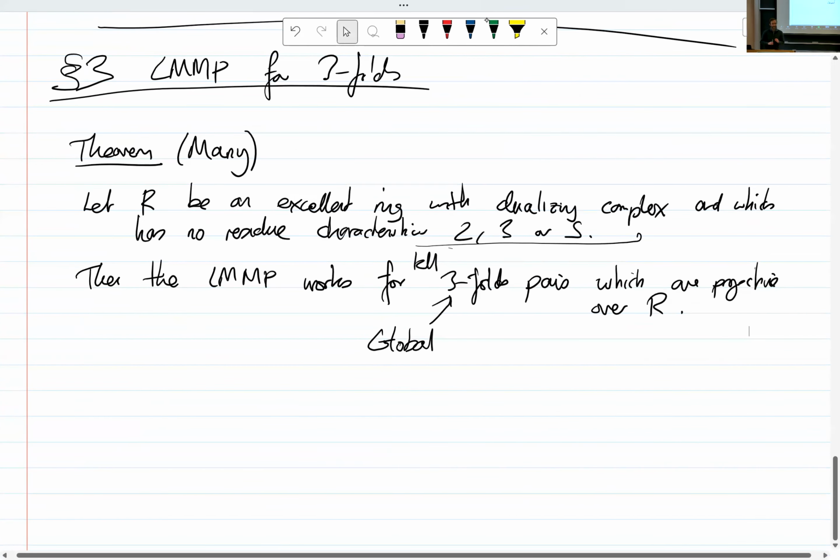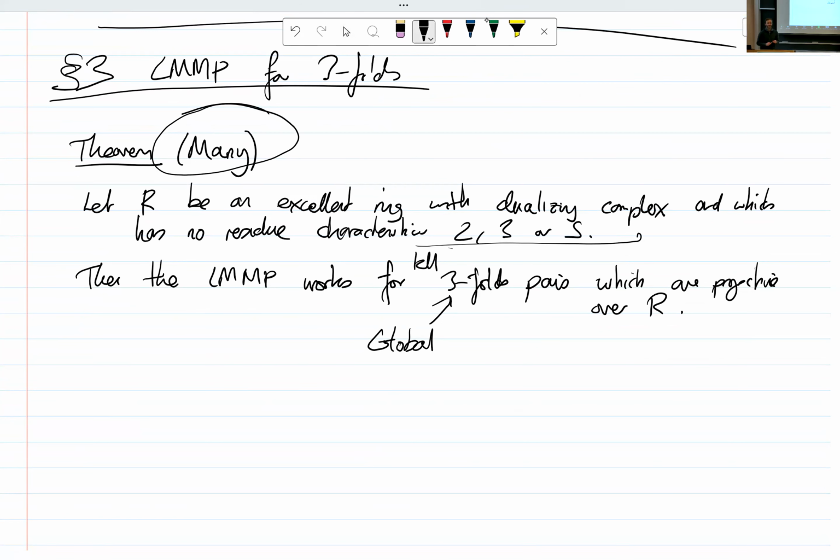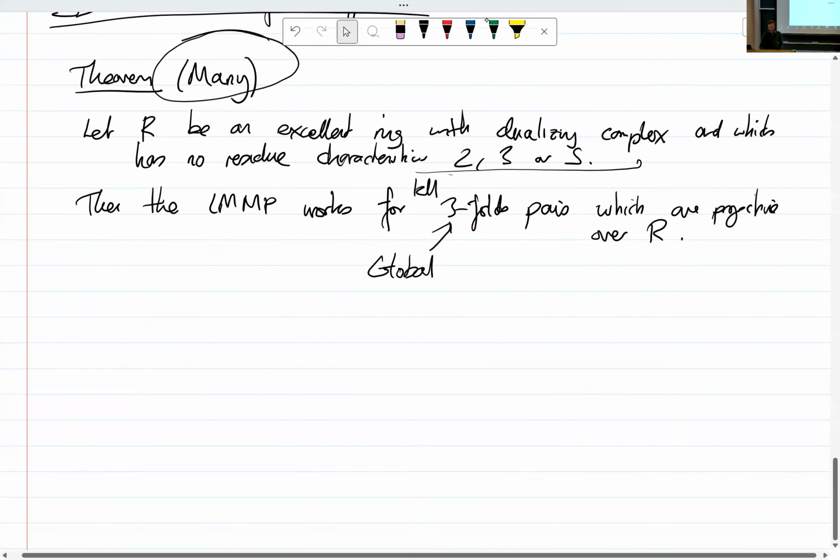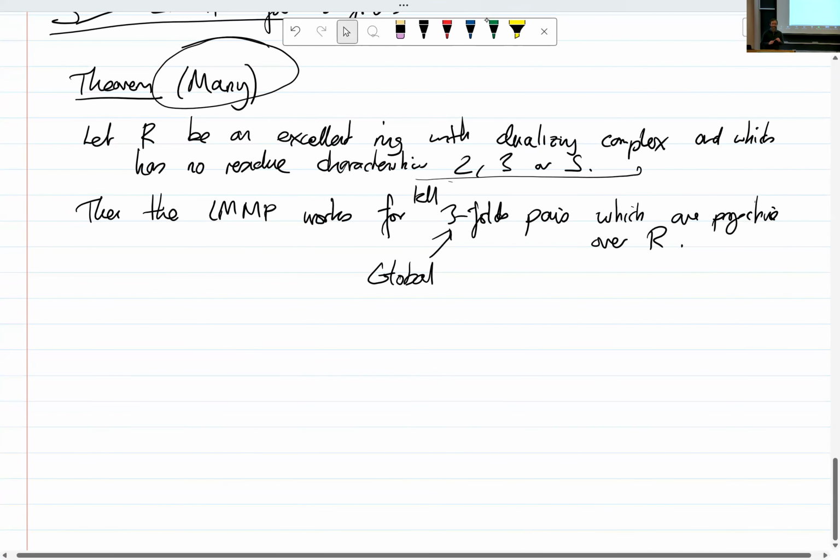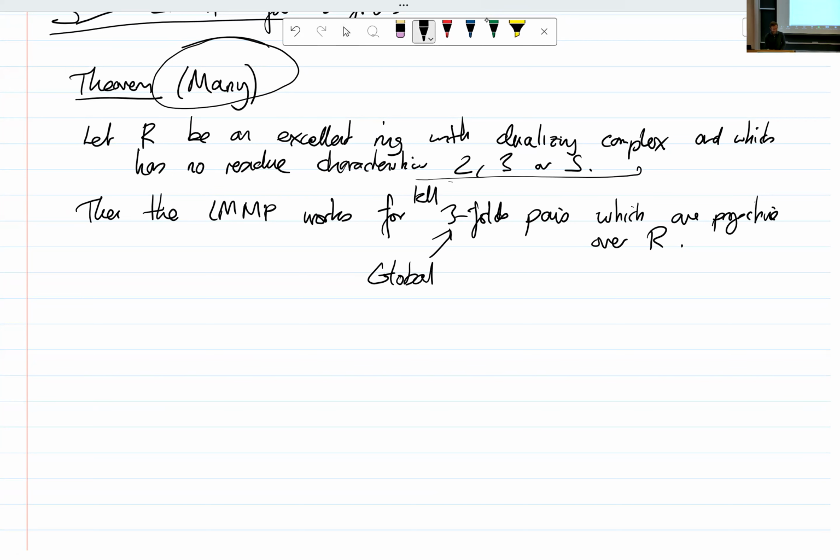Okay, so this is the theorem, and now I want to say what is the history, where did this come from, and try and at least write down as many names as I can, say how this came about. So sorry for any contributions I missed, because there are so many it couldn't possibly be entirely complete. In the various situations, we start with the MMP for threefolds over the complex numbers, which is where the whole story started in the form I described.